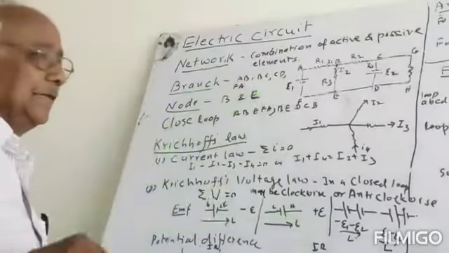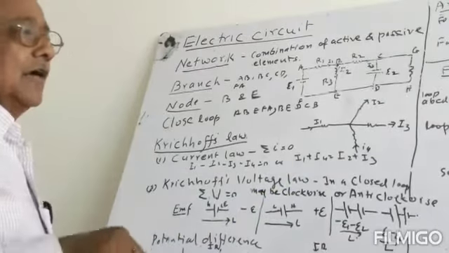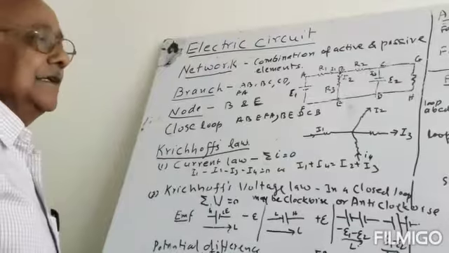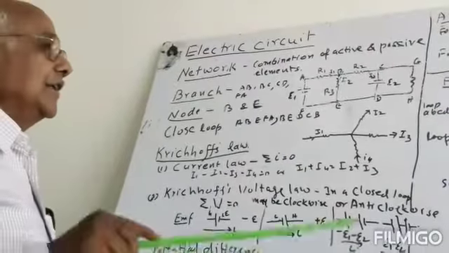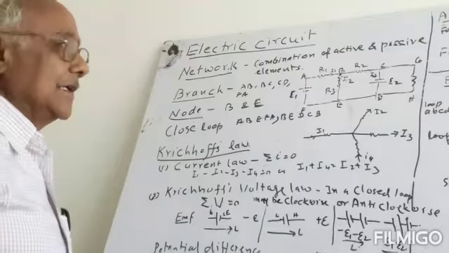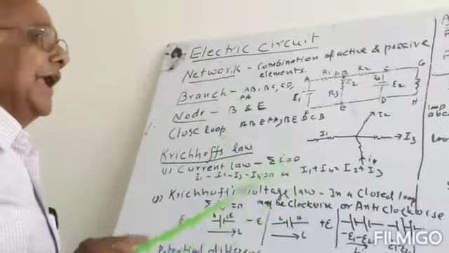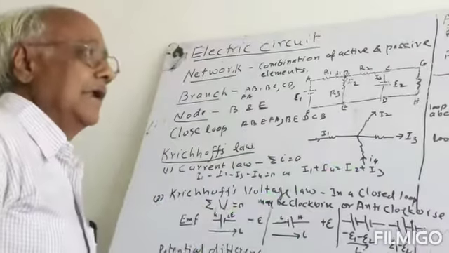Now earlier we have studied the series and parallel combination and their mixed combination. In that combination we can find the current in the circuit. Those circuits were easy or simple circuits. In that circuit there was only one source and the resistances were either in series or in parallel.